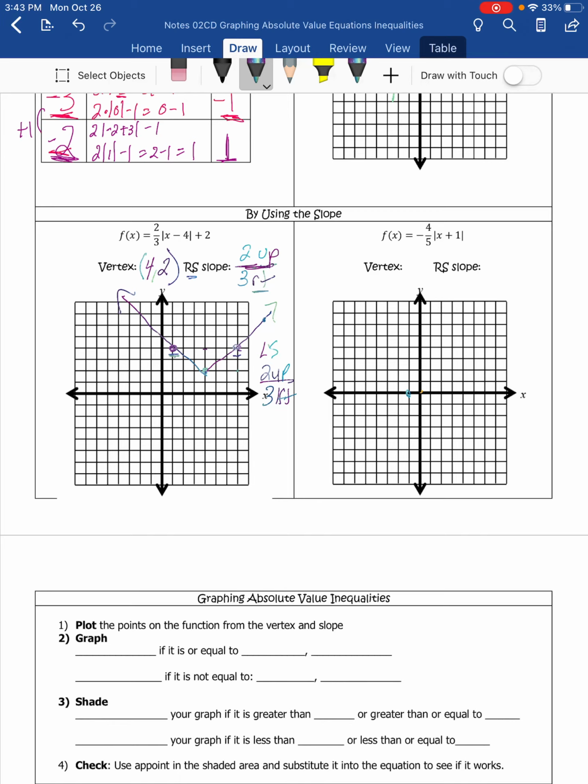So we'll try this again with the next one. My vertex in this case is 1 left, and I don't have anything over here, so that's going to be a 0. So my vertex is at -1, 0. And for the slope of my right-hand side, you always put the negative with the top.